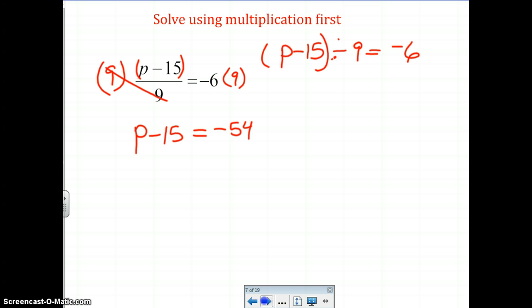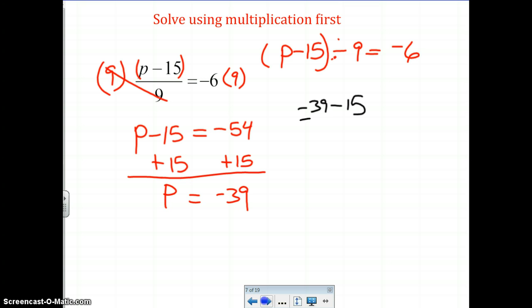Now again, it's a single step equation. I can add 15, and p ends up equaling negative 39. And if I want to, again, I could check my work and go negative 39 minus 15, divided by 9, and find out, does that indeed equal negative 6?